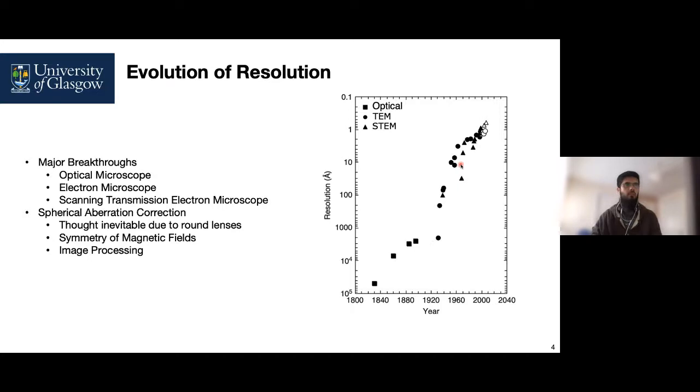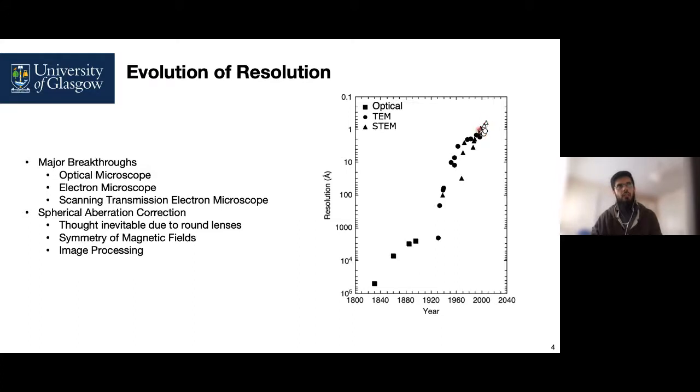And now you see that towards the latter part of the last century and the beginning of this century, there is a lot of development in terms of achieving more and more resolution out of microscopic techniques.